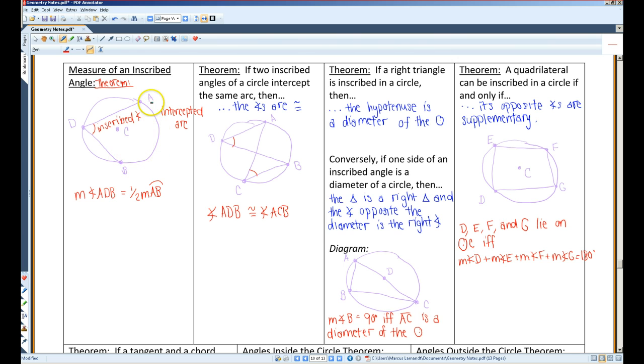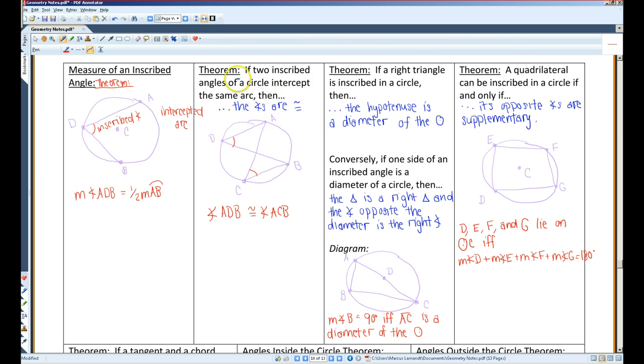If the intercepted arc is 100 degrees, then the inscribed angle that opens up into that arc is 50 degrees. So the inscribed angle is going to be half the arc. Or if I said this inscribed angle is 60 degrees, then the arc has to be 120. So the angle is always going to be half the intercepted arc. Okay?